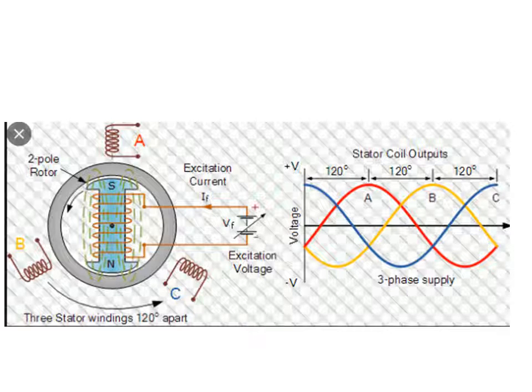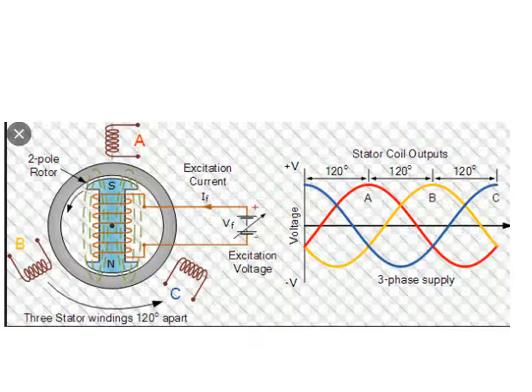Whenever these magnets rotate, their magnetic field sweeps across the conductors placed on the stationary part. A conductor that experiences the north pole generates an EMF in one direction, and a conductor that experiences the south pole generates an EMF in the other direction.